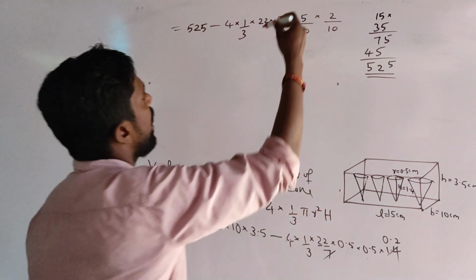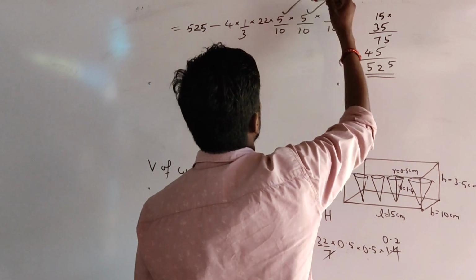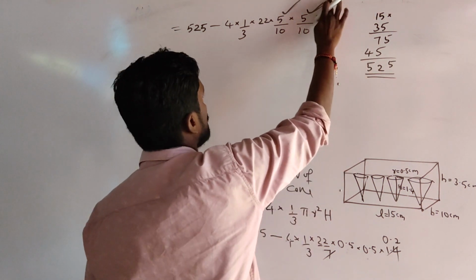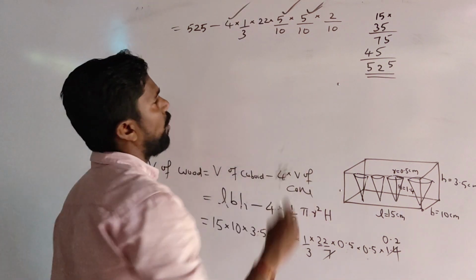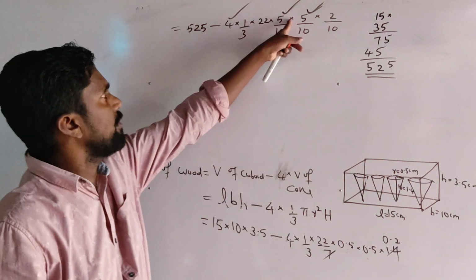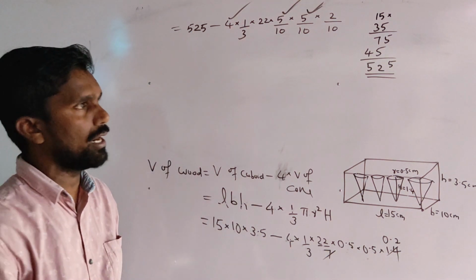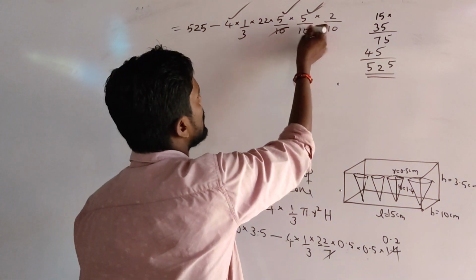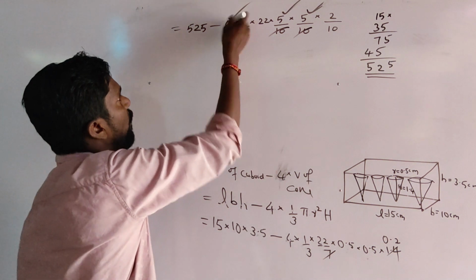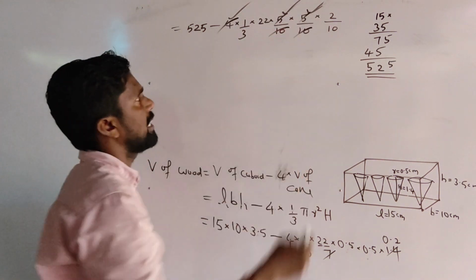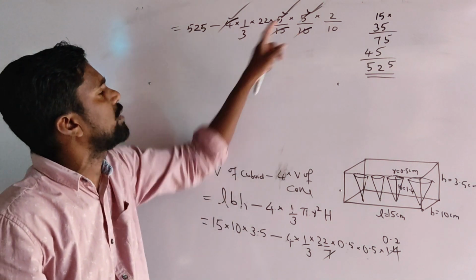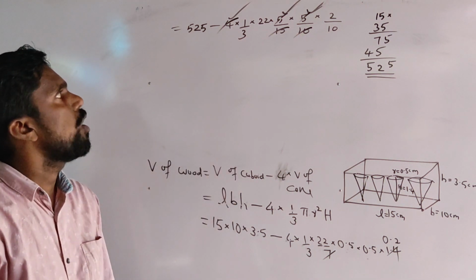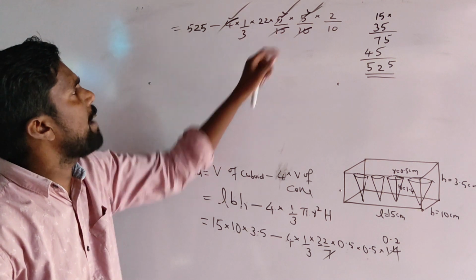So 5 into 5, 25. 25 into 4 that is 100. Then this is also 100. So 4, 5 cancel because 5 into 5 25, 25 into 4 100. So 10 into 10 also 100, that is cancelled. Okay, so balance is what?